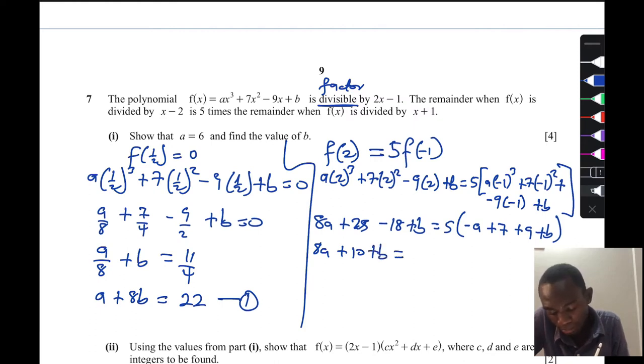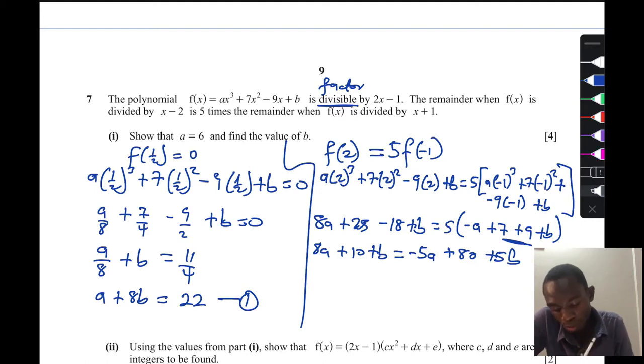The 7 and the 9 will give us 16. So 5 times negative a will give us negative 5a. Then 5 times 16, I guess that's 80. Yeah, that's correct. That's 80 plus 5b.